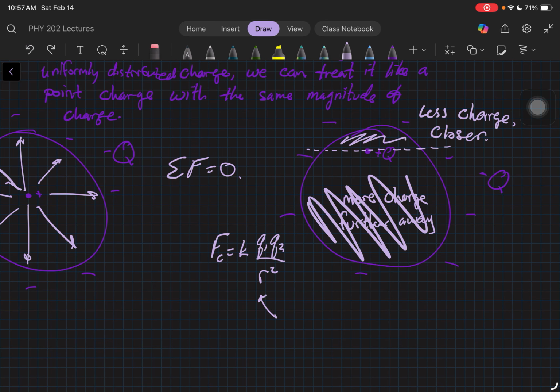Versus if you're down in the bottom, you have more charge, so the numerator goes up, but you're further away, so the denominator goes down. And so you end up that the sum of the force is 0.